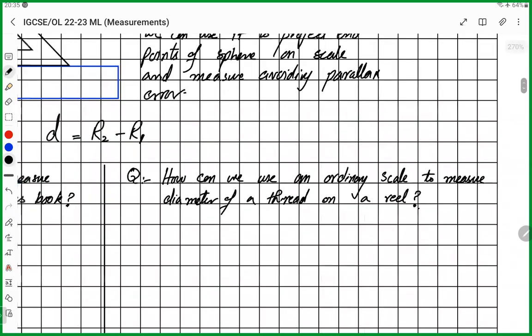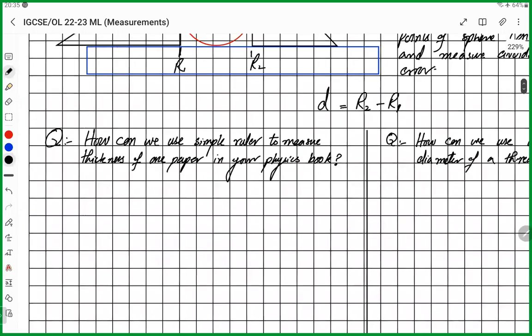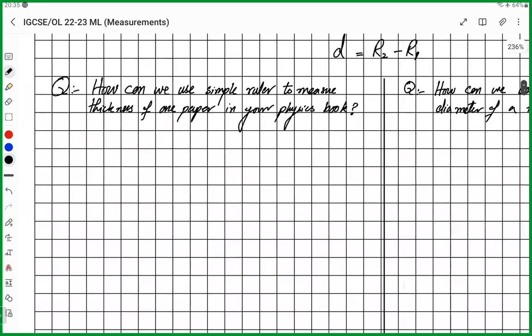So, two questions. One, how can we measure the thickness of a single sheet of paper using an ordinary ruler? The answer, teacher? So we would have to take maybe 50 or 100 pages, get the measurement of all those 50 pages, and then divide by 50 to get one page.